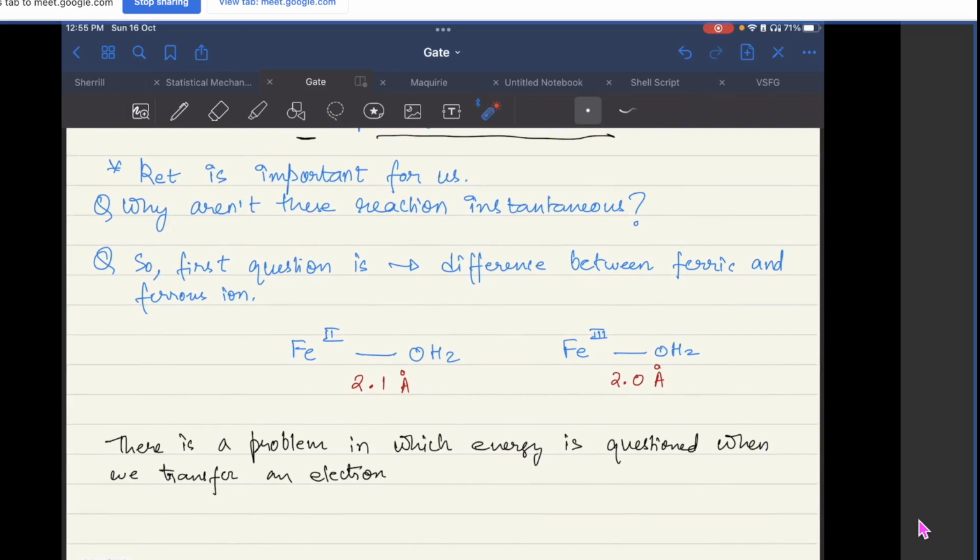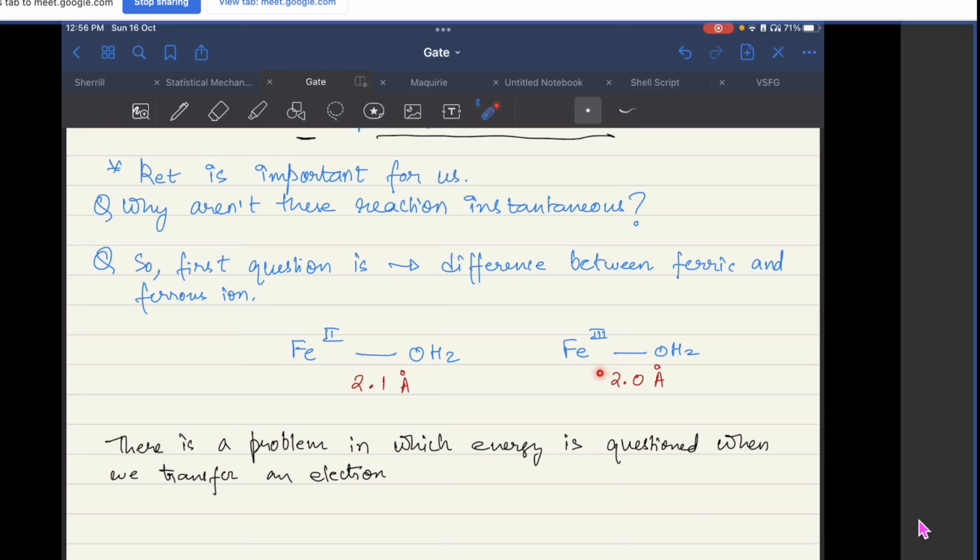Now there is a problem in which energy is questioned. When we transfer an electron between this ferrous and this ferric complex, my ferrous will get converted into ferric and my ferric will get converted into ferrous.